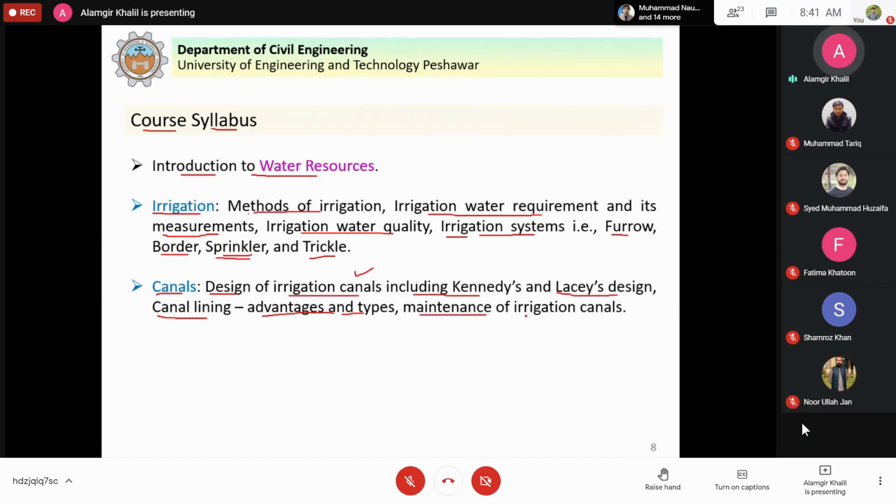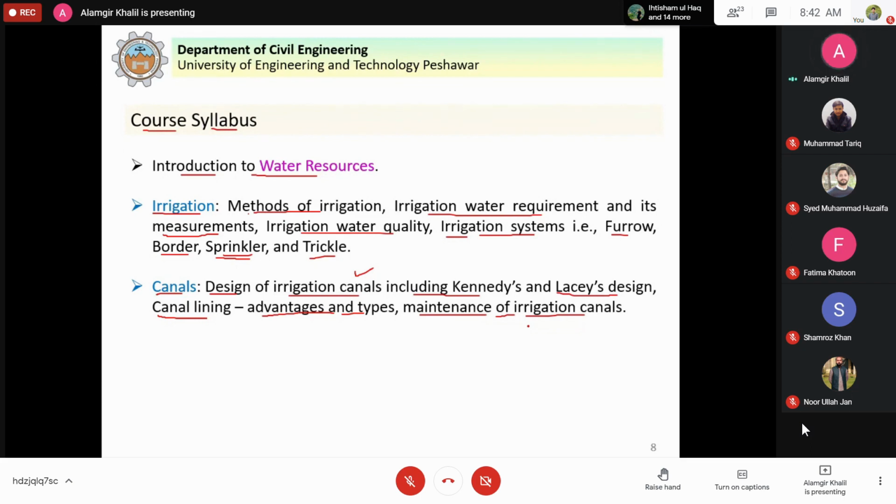Also, maintenance of irrigation canals. Because when canals are constructed, they carry water, and the water carries sediments or other debris or waste material, and these can get deposited in the bed of the canals and ultimately reduce the discharge carrying capacity of the canals. So this maintenance of canals for efficient water supply is very important.